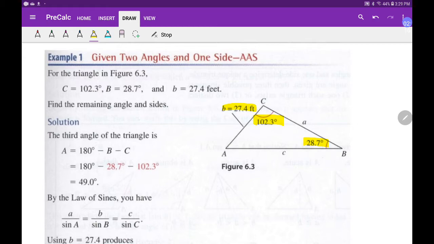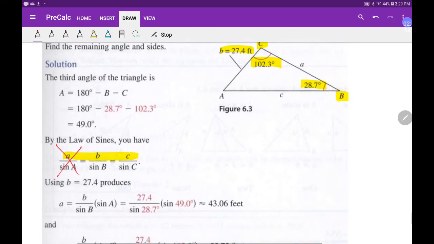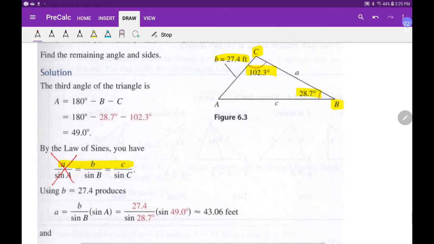So I think they were smart to use the sides on the top, okay? And we're going to care a lot about B, and we're going to care a lot about C. And for this problem, we don't care about this part, so we leave it out, okay? It's not that it's not there, we just don't care right now.